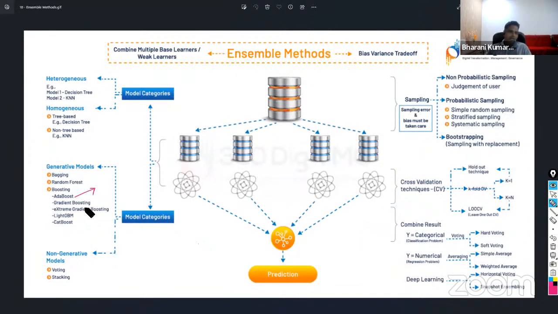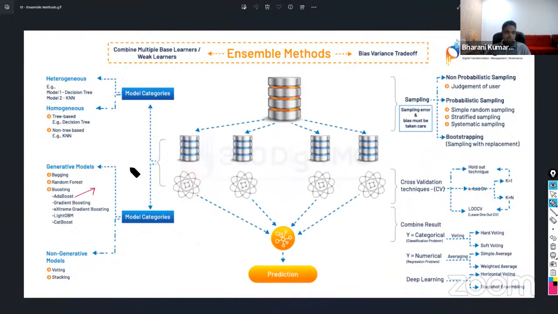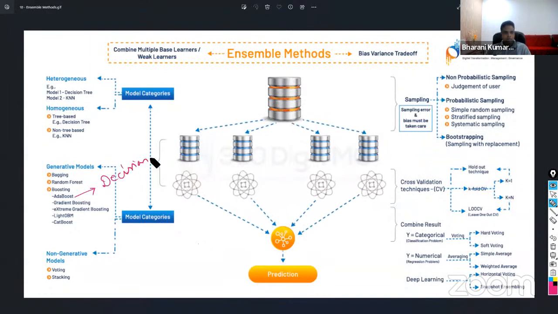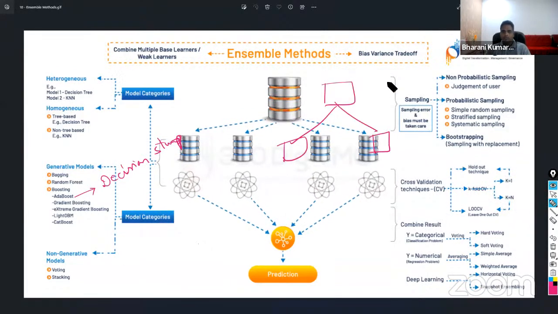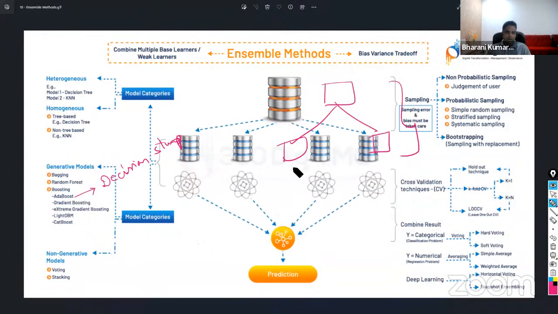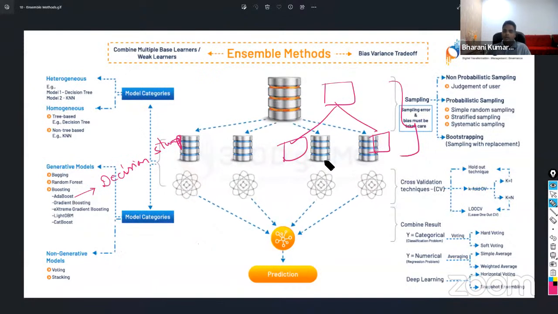After that, there have been enhancements which people have done. But ADA boost was working on the concept of decision stump. What do you mean by decision stump? You just split the tree once. That's it. This is called a decision stump. And multiple such algorithms were built, right?